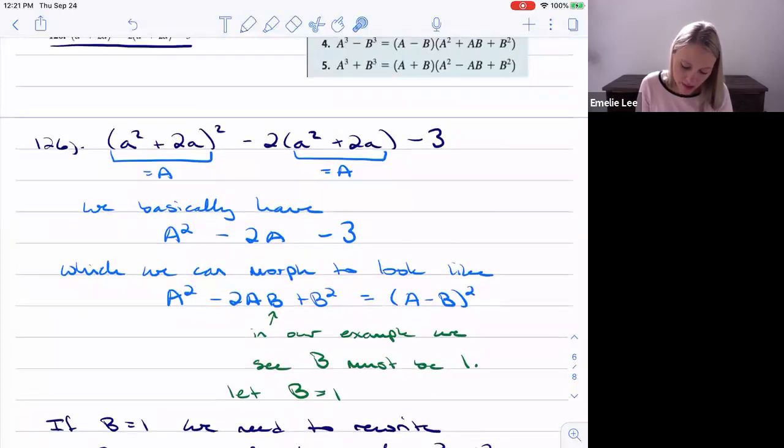Because when I'm looking at my original equation, I'm making this a squared plus 2a, capital A. So then I've got a squared minus 2a, but really what I need is minus 2ab for this to all work. In order for this to stay the same, b has to be 1. I don't have a choice about what b is because this has to stay the same and this is all part of a. So I have to just multiply it by 1, and that's why b must be 1.